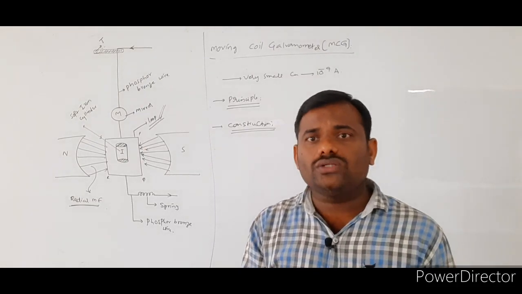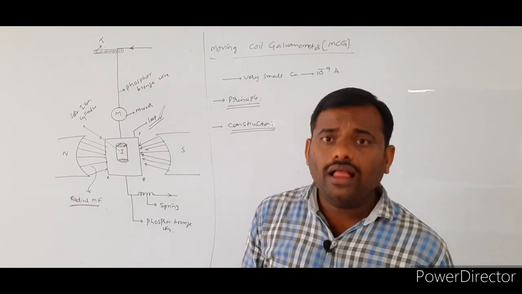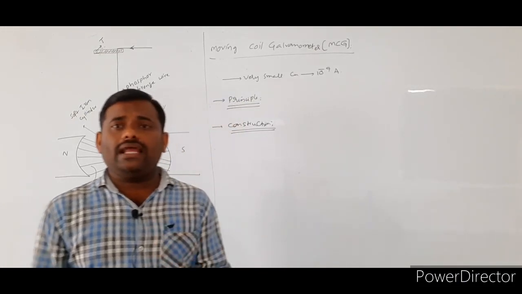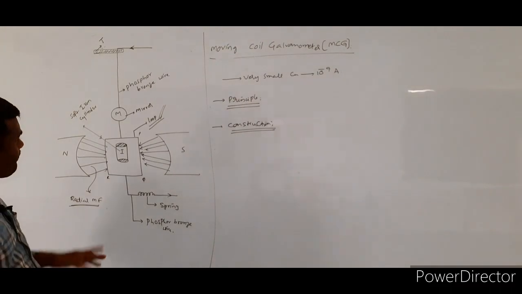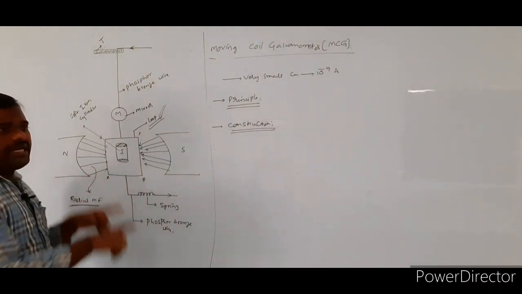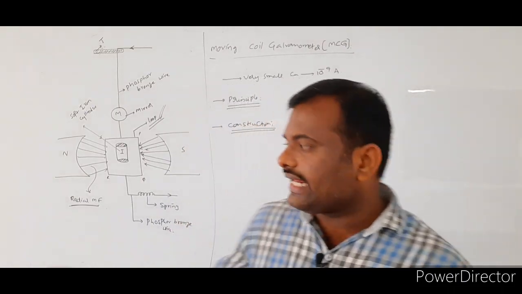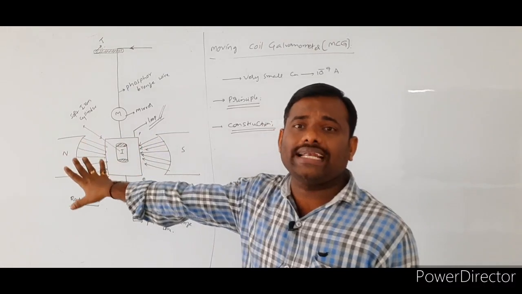To count the number of rotations made by the loop, we use the plane mirror. Next, the rectangular current carrying loop is placed in between the two magnetic poles.